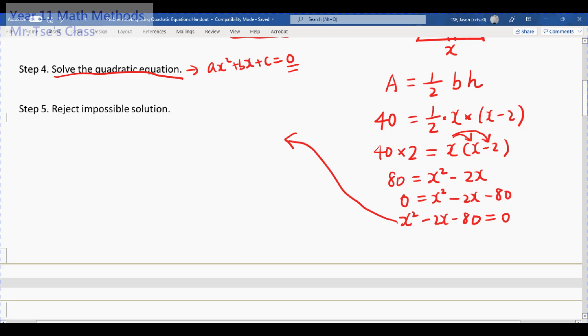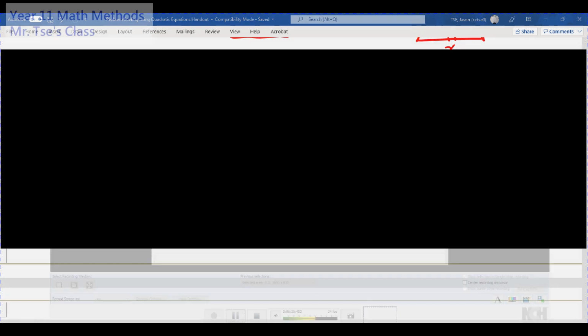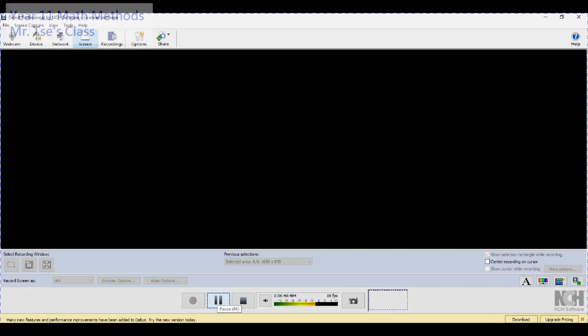In this case, let's try to use factorization. Factorization means you need to consider possibly a table. I'll give you 5 minutes. Just pause the video and spend 5 minutes thinking about it.